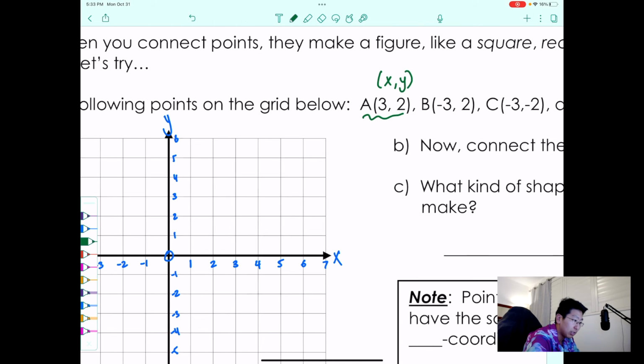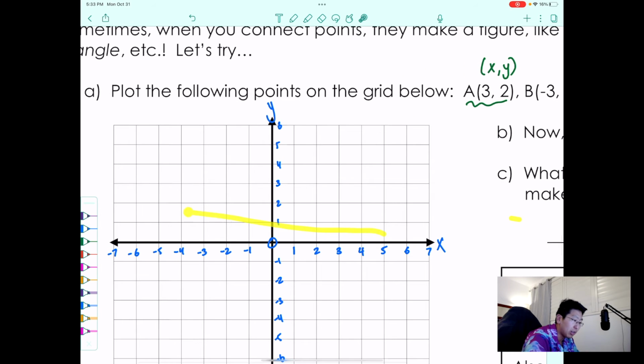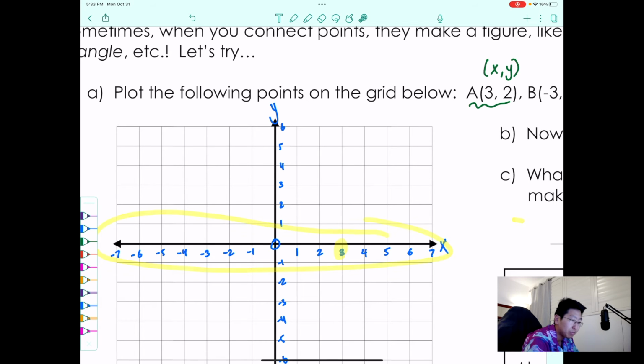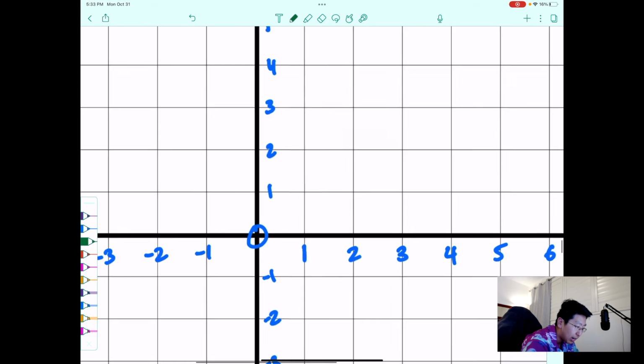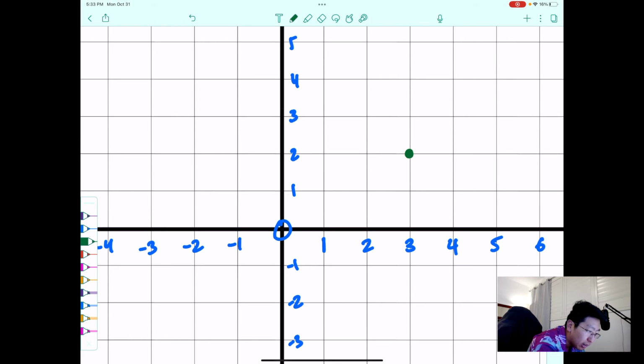So x is 3. So x value is on the x-axis. We're going to find 3. Hopefully you can find it. And then on the y value, we're going to find 2, which is right here. 3, 2, that point is right here. This is point A, 3, 2.